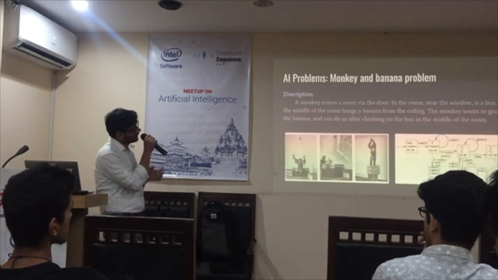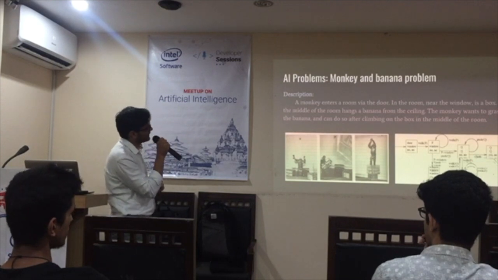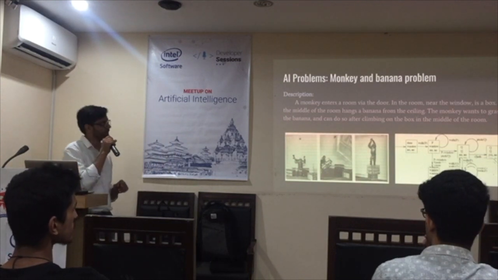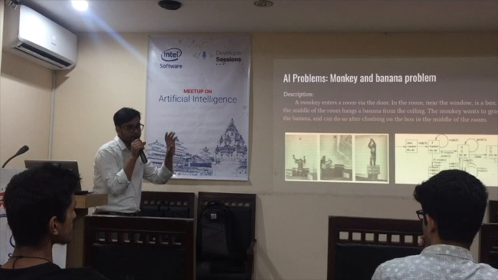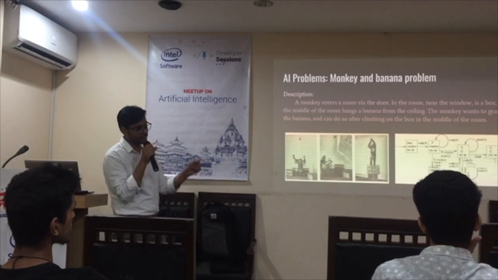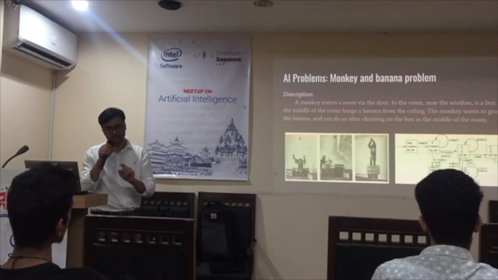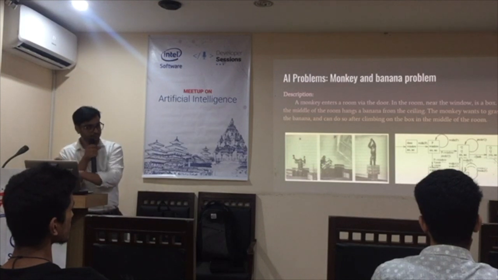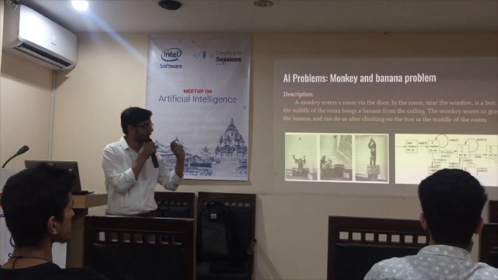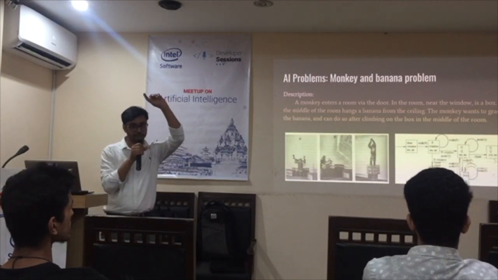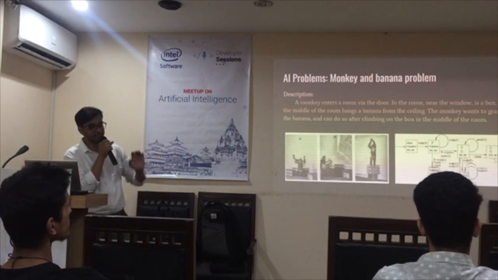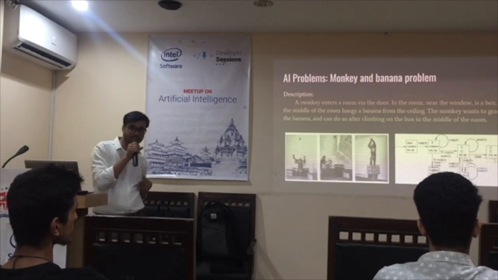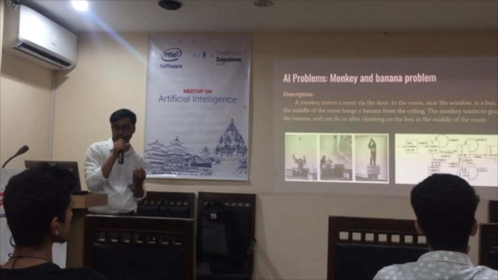Another toy problem of AI is the monkey and banana problem. Here the problem is there is a monkey at the door and there is a box at the window. And there is a banana hanging at the middle of the ceiling, and the task is for the monkey to grasp the banana.